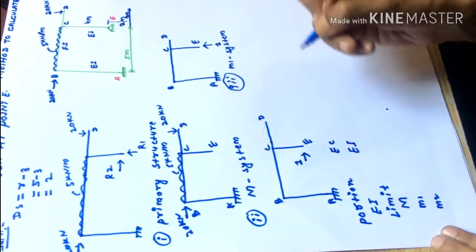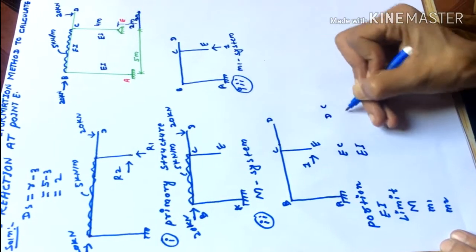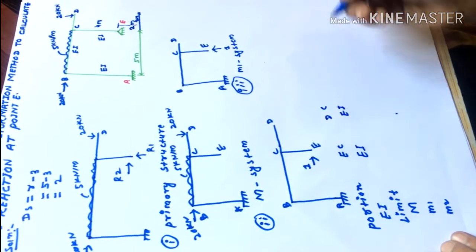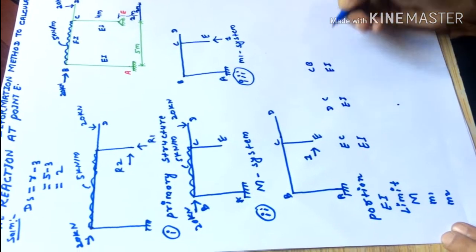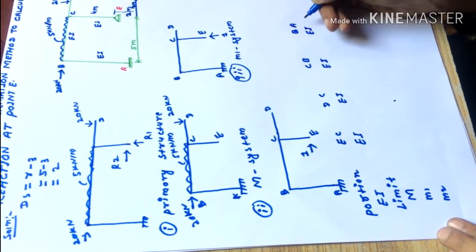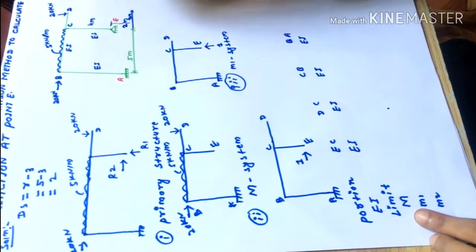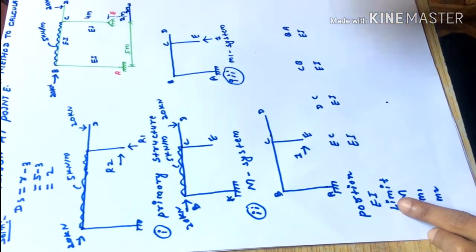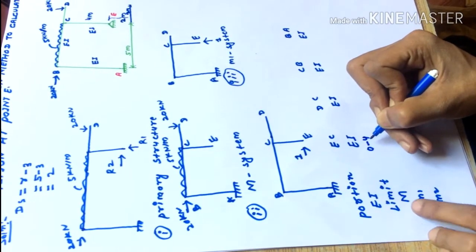For portion DC, EI is also constant. For portion CB, EI is also constant. For portion BA, EI is also constant. Now the limit: in the figure we can see for portion EC our limit is 0 to 4.